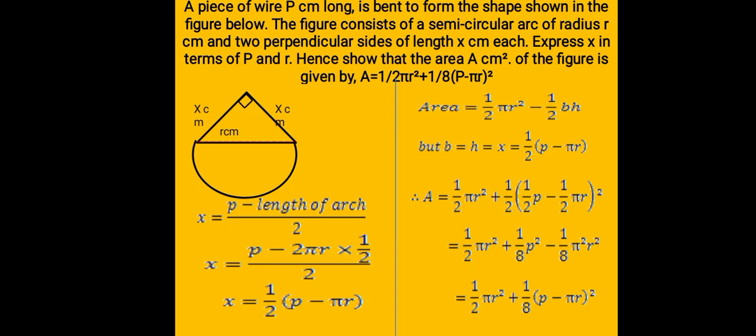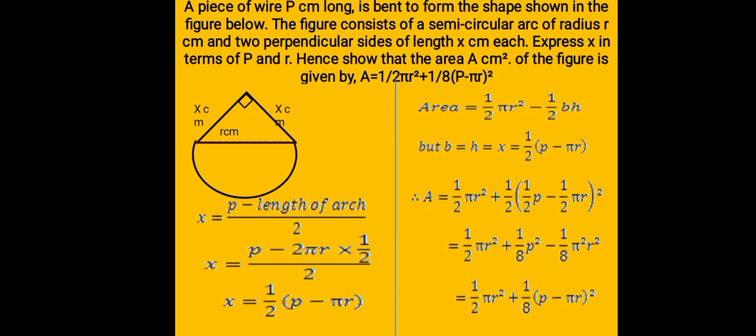Now what about the area? You get the area of the triangle and the area of that part of the circle. So that part of the circle is a half pi r squared minus half base height as the area of the triangle.